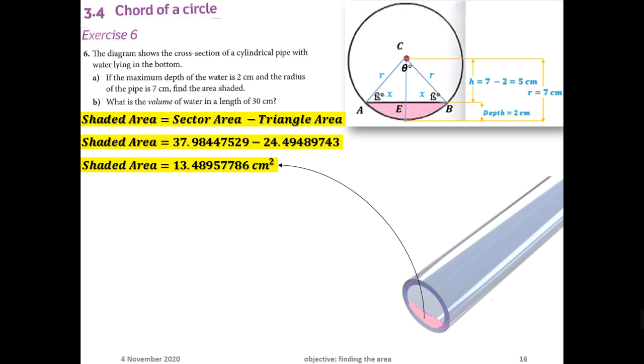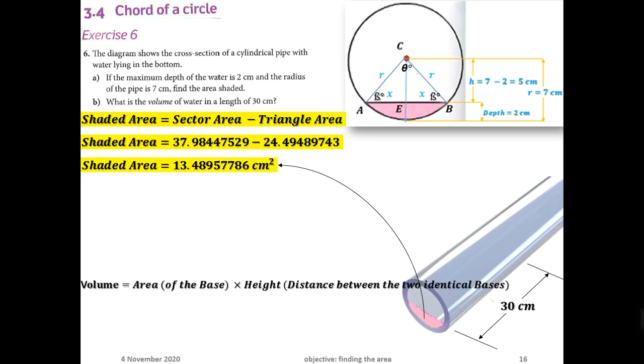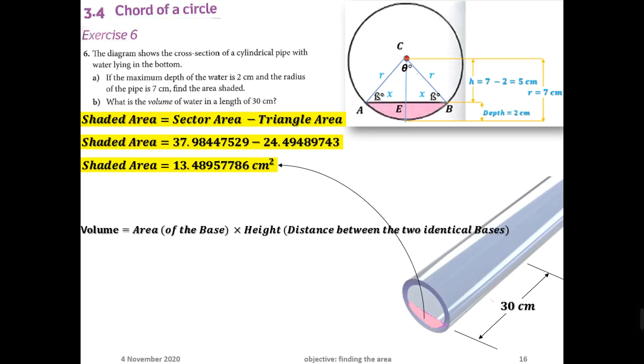Now, they're telling us what is the volume of water in a length of 30 centimeter. So the length is from here to here, which is going to be 30 centimeter. Remember at the very beginning of this video, I explained that the general formula of finding the volume is area of the base.